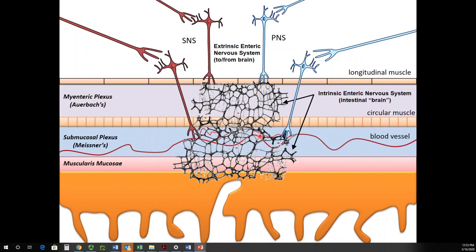Adrenaline, or epinephrine, will be released, and that will trigger the GI tract to slow down. Gastric and intestinal motility will slow down, whereas the parasympathetic nervous system does the total opposite. More parasympathetic activity means more gastric motility and more gastric secretions.